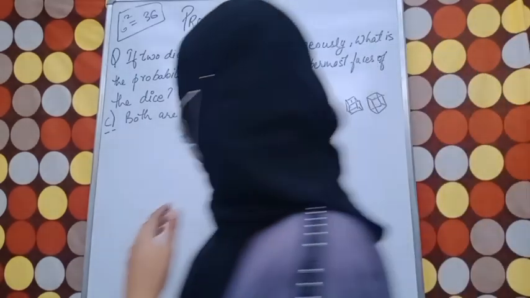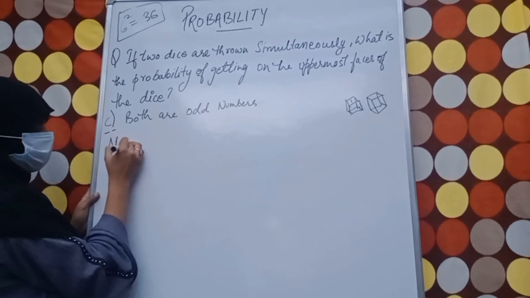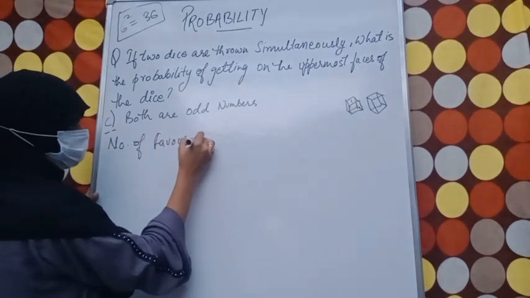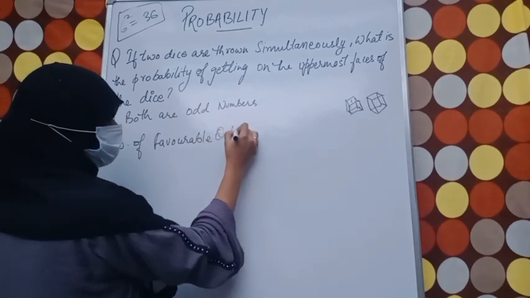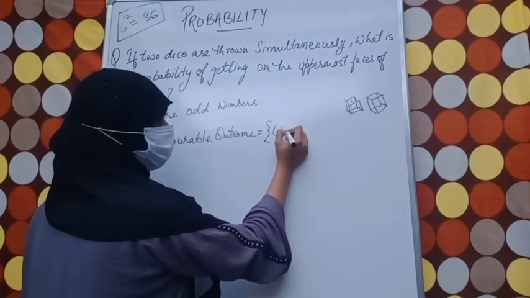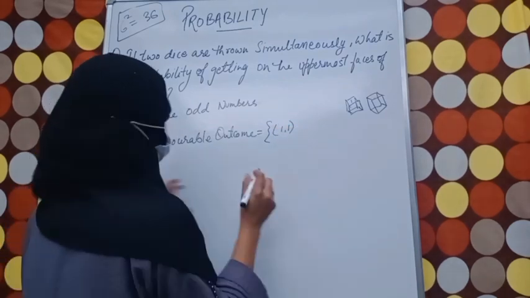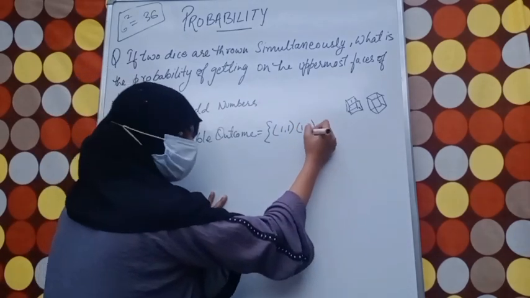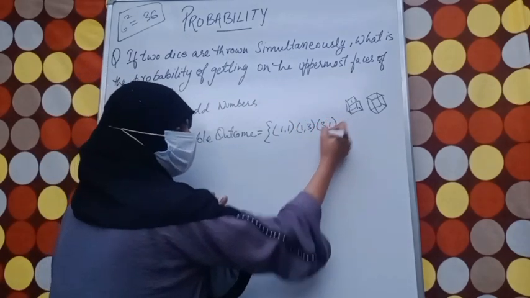Let's begin. We will write number of favorable outcomes equals to what? 1 1, both are odd. The condition is both numbers are odd. 1 3, fine. 3 1, fine.